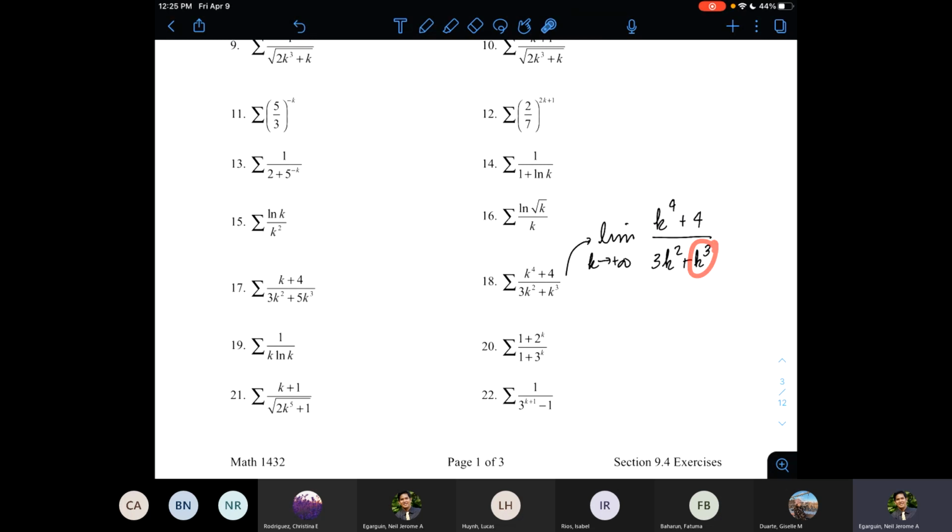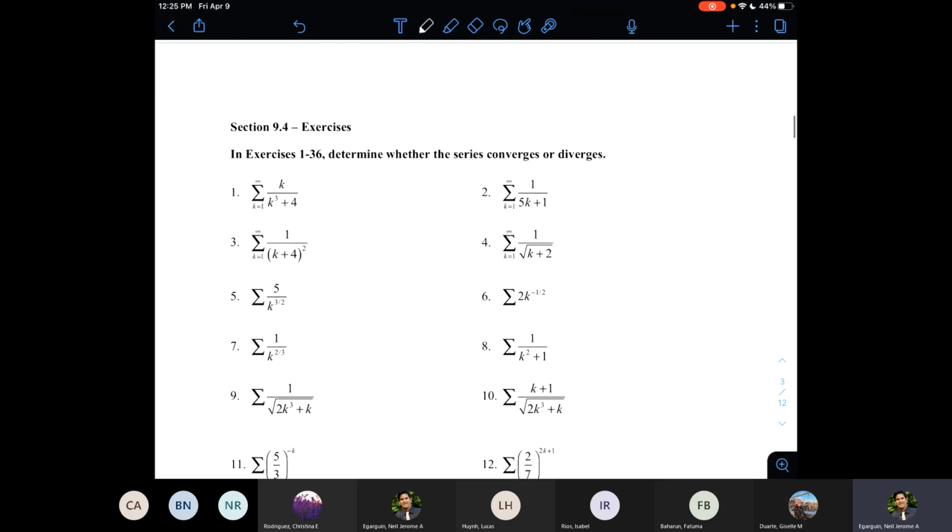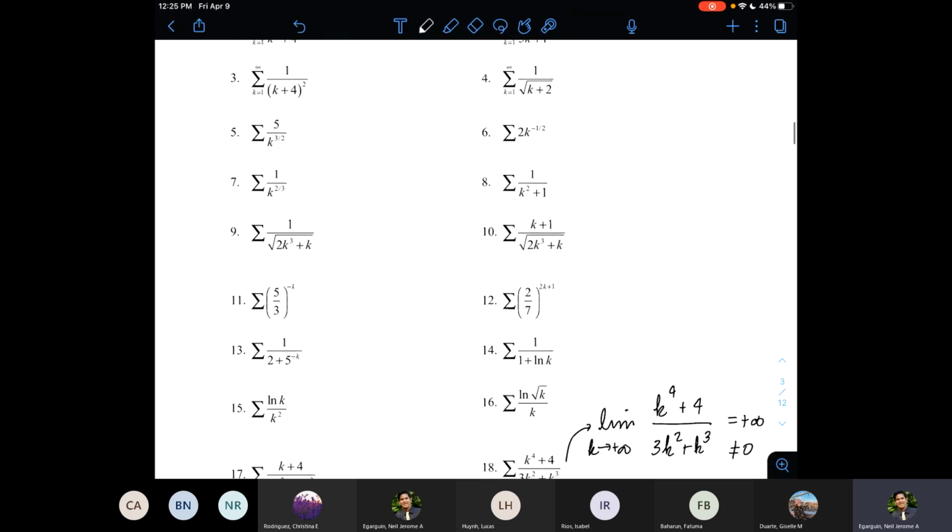The degree in the denominator is 3. Numerator wins. So that means the limit here is positive infinity, not equal to 0. Thus, this guy is easily seen to be divergent. I thought that would be a good example, but it's not because you can simply use the basic test for divergence for it.